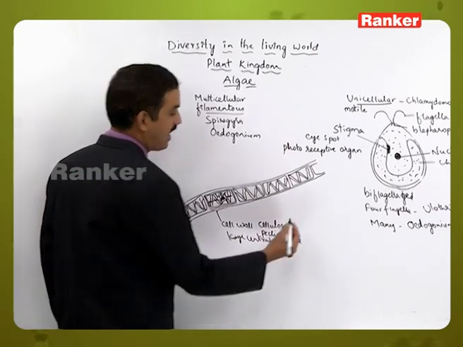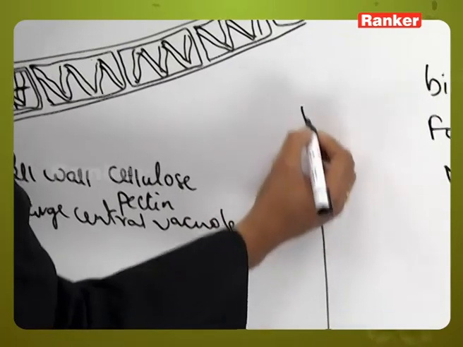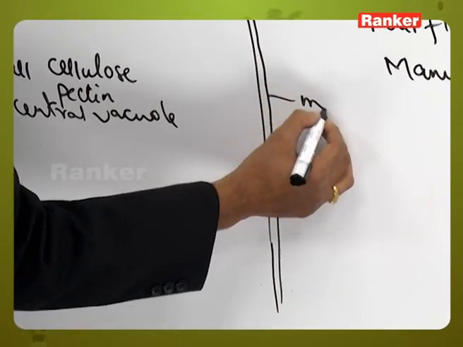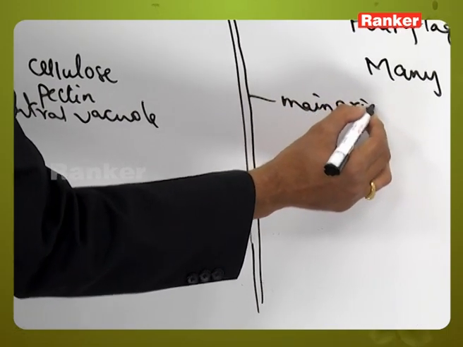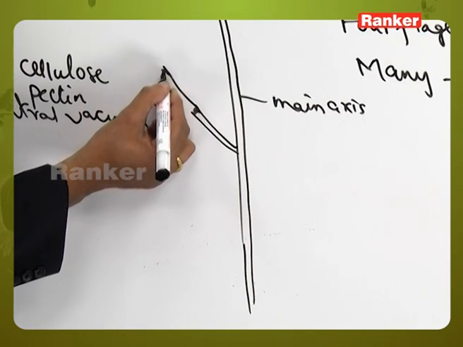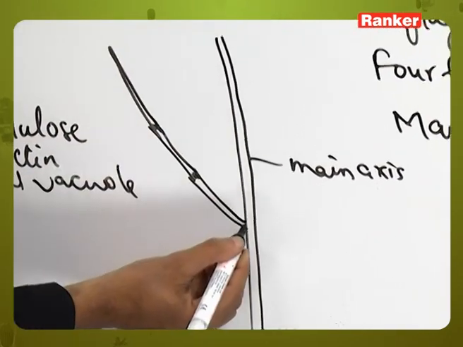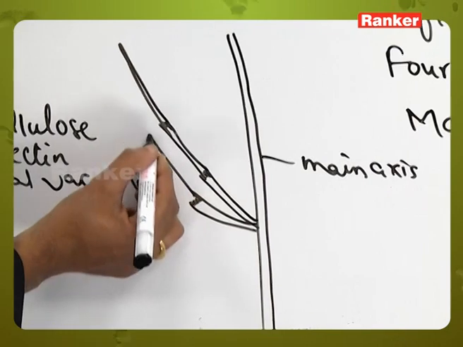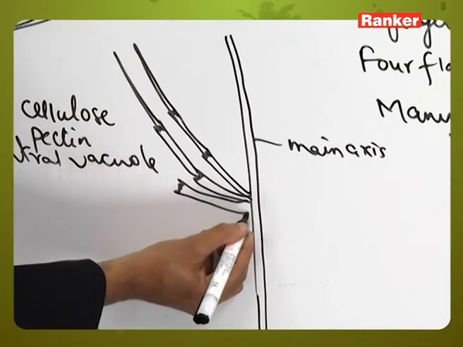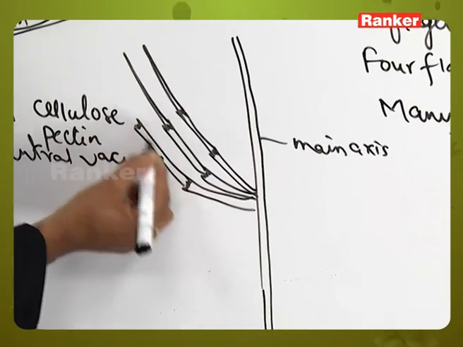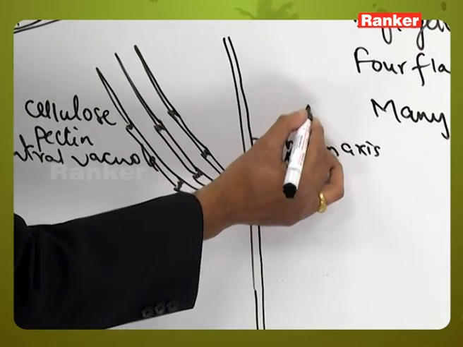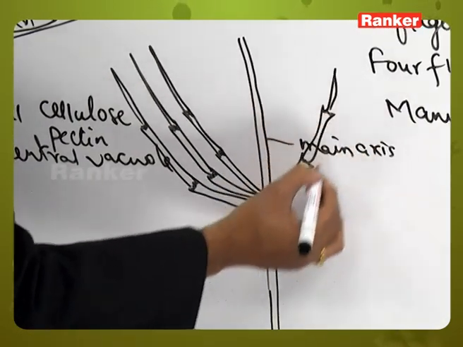Then in Chara, we can see the plant like organization, but it is having the main axis. On this main axis, we can see the presence of branched structures like this. But this is not the actual root, stem and leaf organization that is present in higher plants, but it appears to be a main axis and branched structures.